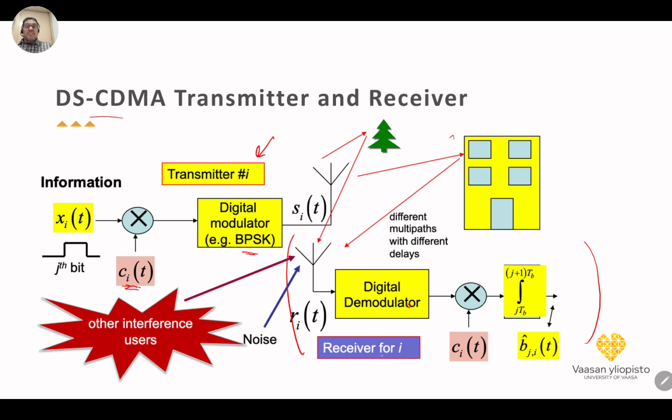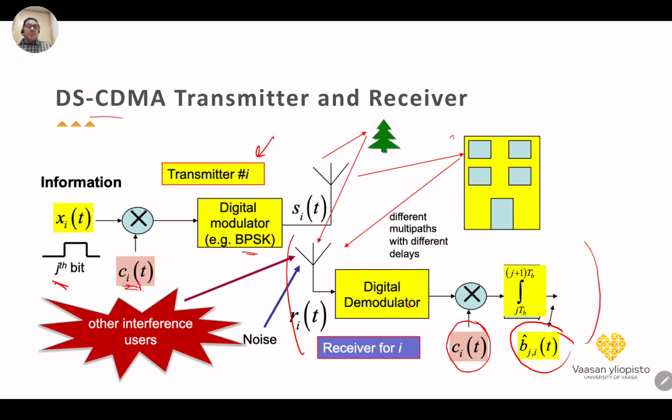Now this is the receiver of i. After that, we use a low pass filter, then multiply by the same code again, and then use the correlator or detector at the output. Then we get the bit number j, the jth bit.